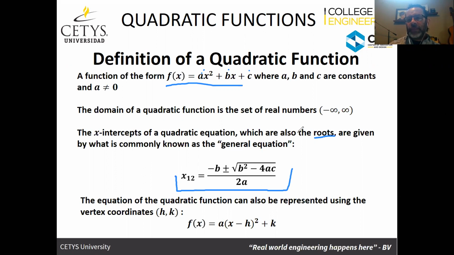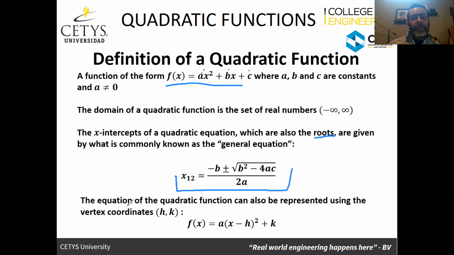Sometimes when we're looking at a quadratic expression, we don't need to use the general formula because we can directly identify that the function can be factored. If the function can be factored, then that's fine. But if we don't want to bother factoring the equation, we can always use the general formula.